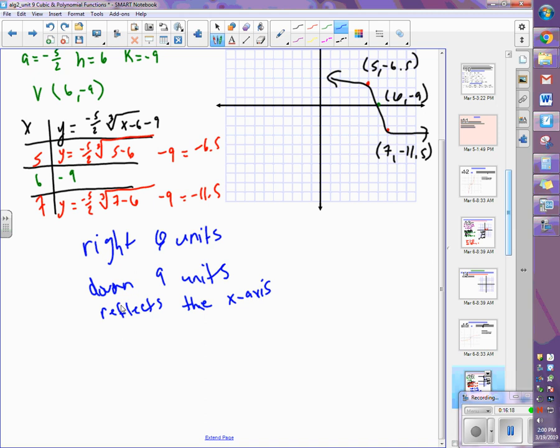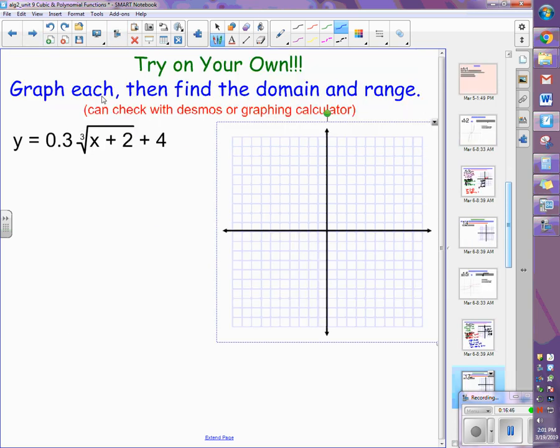And then it was a vertical stretch by 5/2, which is about 2.5. So that negative made it reflect over the x-axis, and then the 5/2 was the vertical stretch. So 4 things occurred on this one. Work on this one on your own in the same manner.